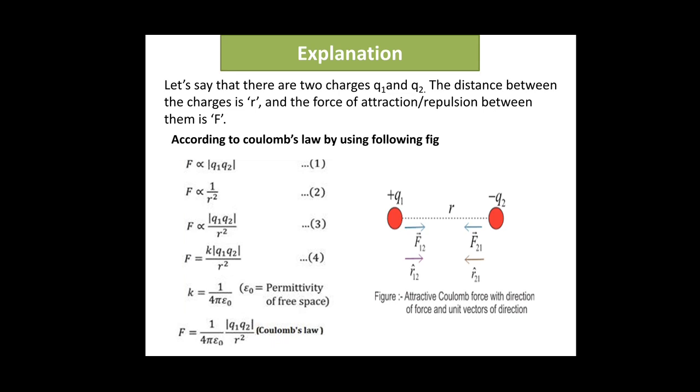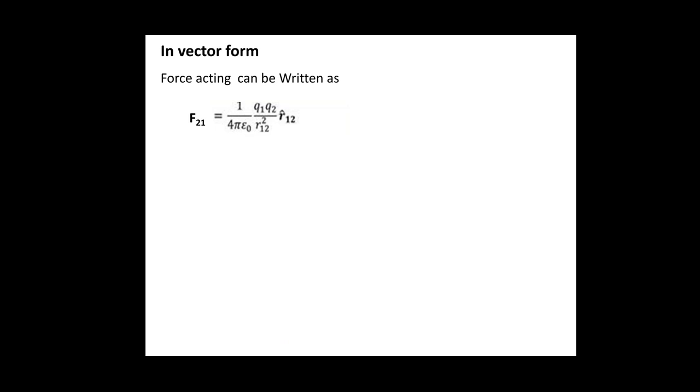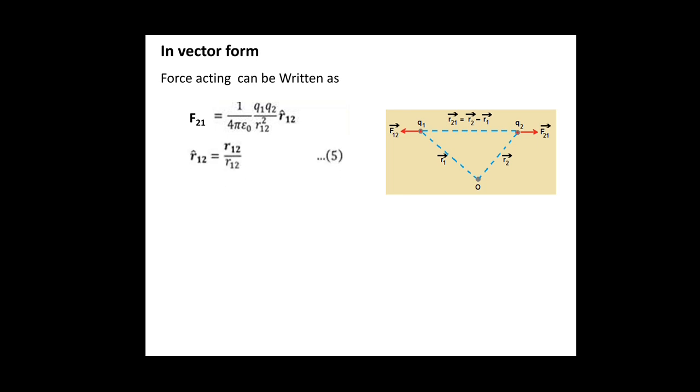Now I would like to expand on my points about Coulomb's law in vector form. The force acting on the second charge due to the first is given by F21 is equal to 1 upon 4 pi epsilon naught Q1 Q2 upon r square, times r cap. r cap is the unit vector and its value is r cap 12 is equal to r12 upon mod r12.